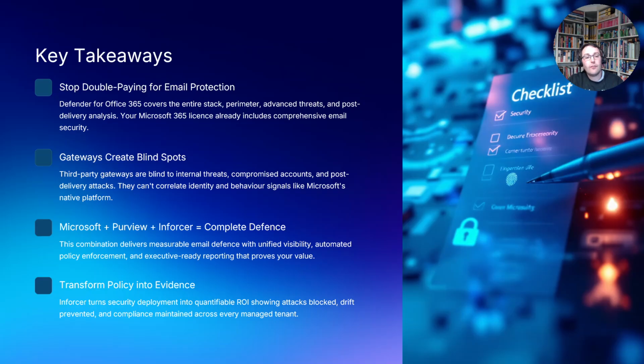And the last area is transforming the policies into evidence. Enforcer turns those security deployments into quantifiable ROI, showing attacks that are being blocked, showing the drifts that are being prevented, and compliance maintained across every managed tenant. We don't have every single report, but you can leverage what's available, as I've shown you today in the security center, plus the drift detection with your emails, plus the assessment engine and the alignment reports to demonstrate they're still on track.